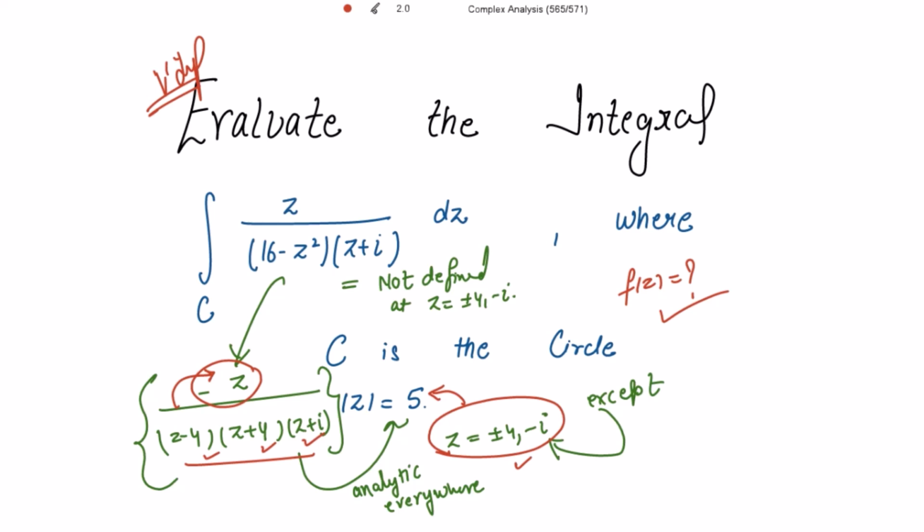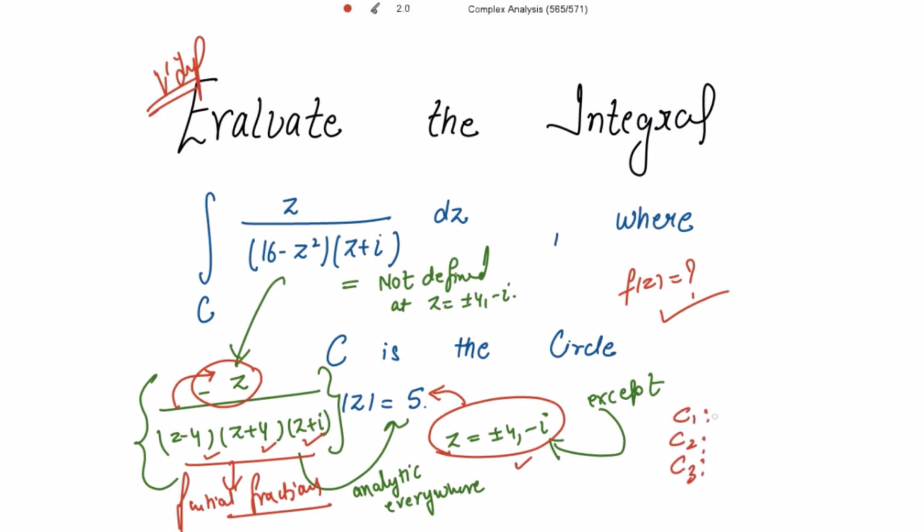So there are two ways to solve this question. Either you can make the partial fractions for this. This is one way, and this is very lengthy. The other way, we can construct 3 circles.